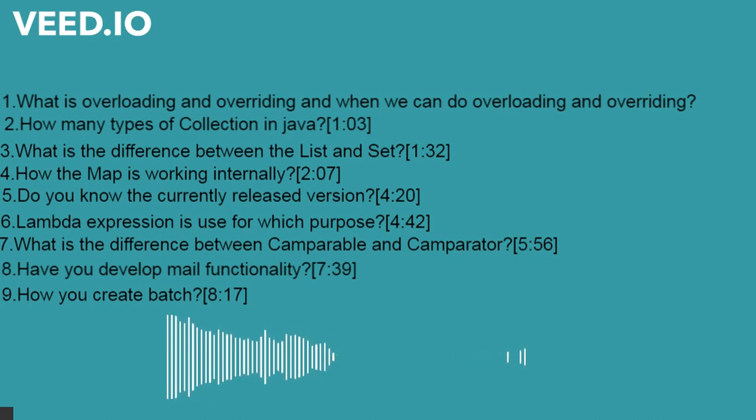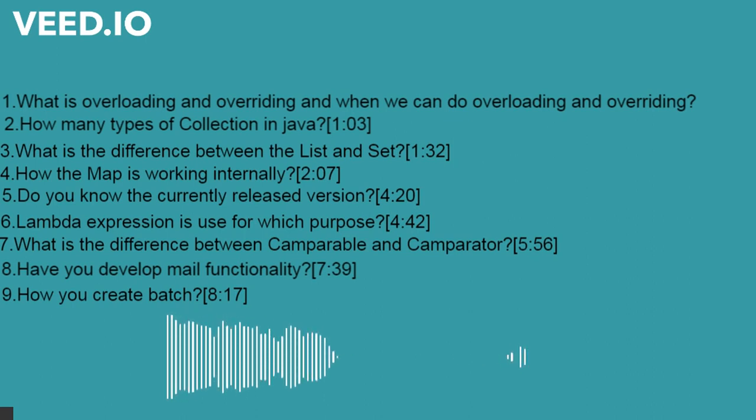If we talk about the differences, if we need to compare with basic things like IDs or primary keys, then we go for Comparable only. But if we want to compare by names or by some combined keys, then we should go for Comparator.